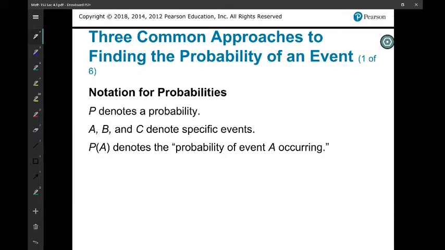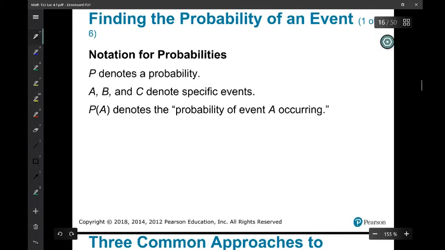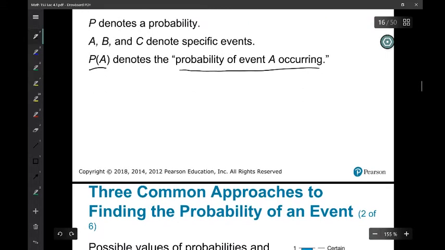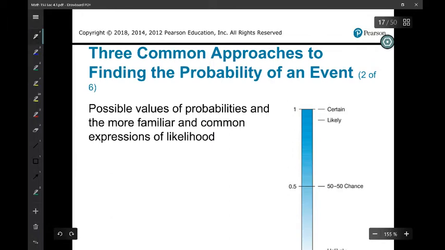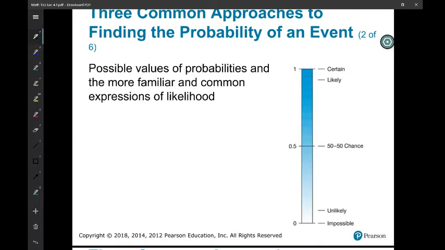Some notation for probability. So we use P to denote probability, and capital letters for specific events. So then we would say P of A means the probability of event A occurring. Alright, so a probability of 1 means definitely going to happen.